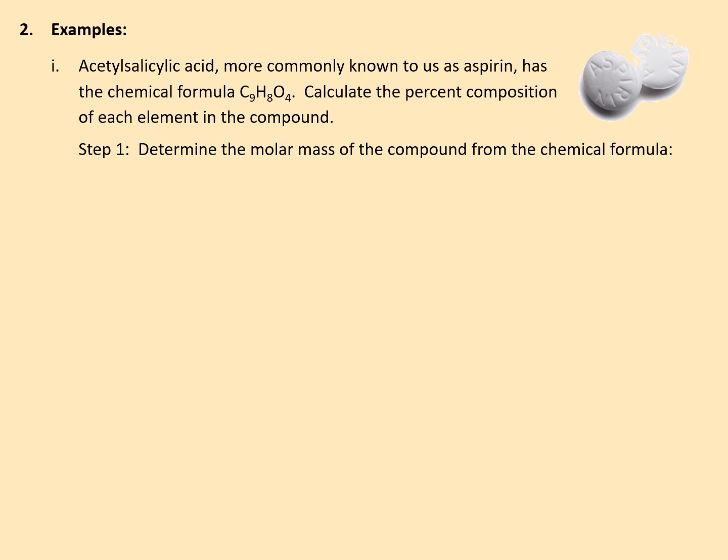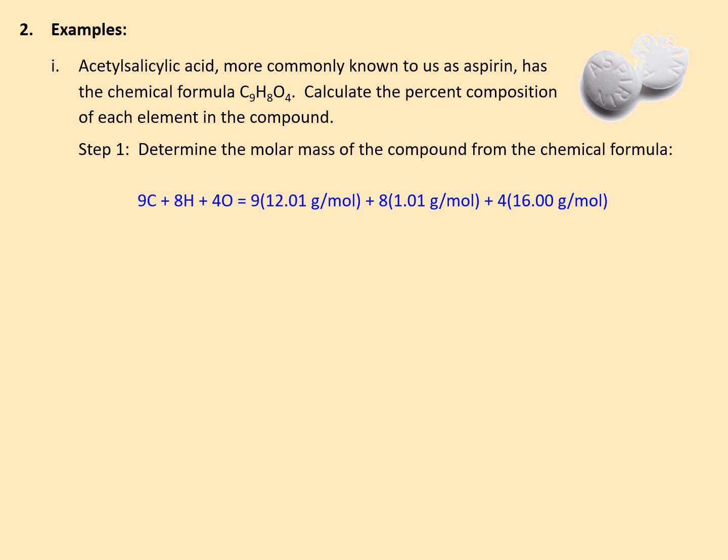And we'll use the shorthand notation, where we don't include all the units here to save ourselves a little bit of time. From the chemical formula C9H8O4, we see that we have 9 moles of carbon atoms plus 8 moles of hydrogen atoms plus 4 moles of oxygen atoms in 1 mole of this compound.